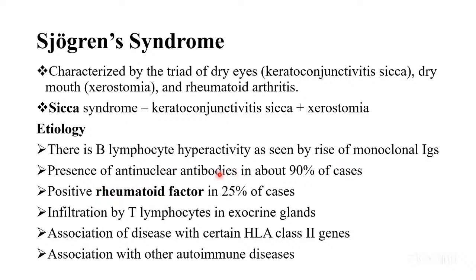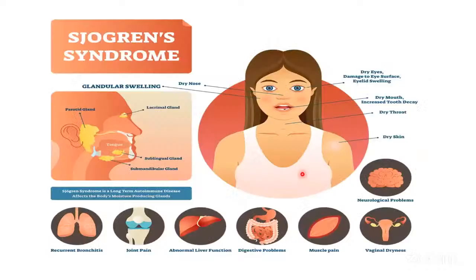RF is also positive in about 25% of cases, so RF is not very specific for rheumatoid arthritis only; other autoimmune diseases can also give a positive RF. Then there is infiltration by T lymphocytes in exocrine glands, associated with certain HLA class 2 antigens, and it's also associated with other autoimmune diseases. So you may find Sjögren's in SLE or other myopathic diseases.